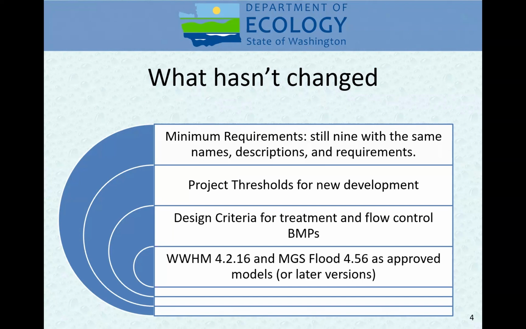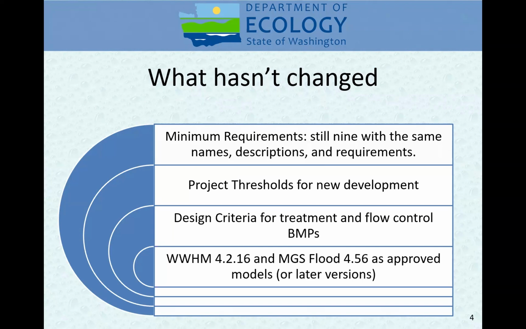I will talk about this in much more detail a little bit later when I get to the flow charts, but we have made some changes, primarily brought on by the discovery of 6-PPD and its impact on fish, particularly coho salmon, and the need to bring more roadway projects under the guidance of the manual for replaced hard surface.